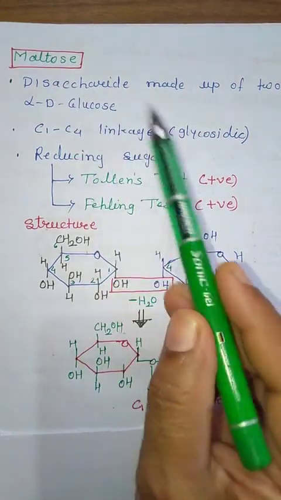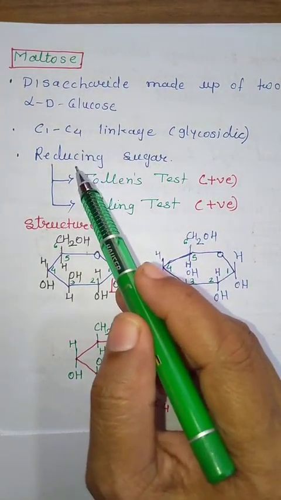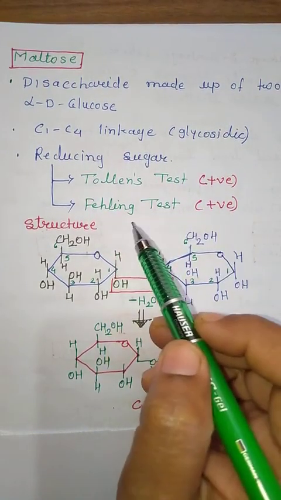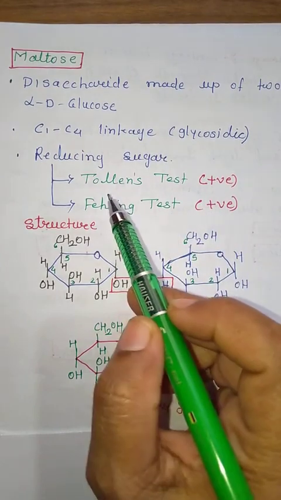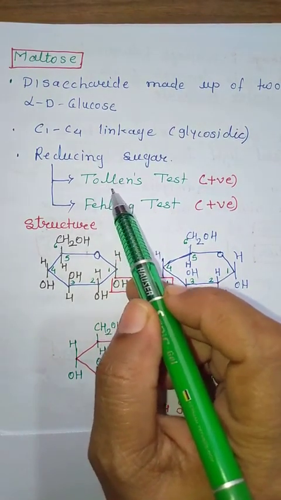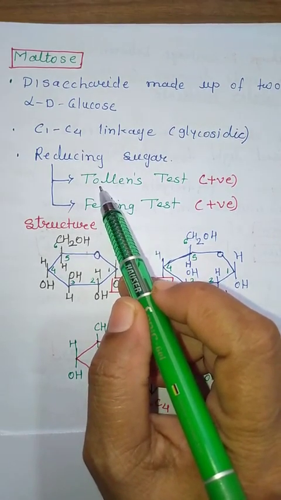Another property of maltose is that it is a reducing sugar. We have seen the meaning of reducing sugar. Reducing sugar means one which gives a positive Tollens test and a positive Fehling's test. What is Tollens reagent? It is the ammoniacal solution of silver nitrate.